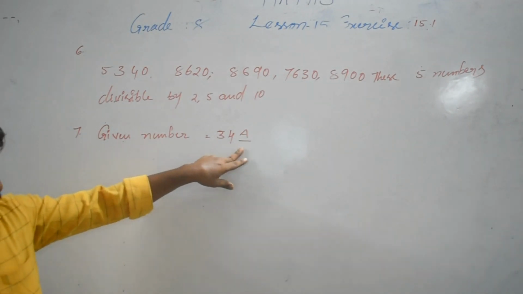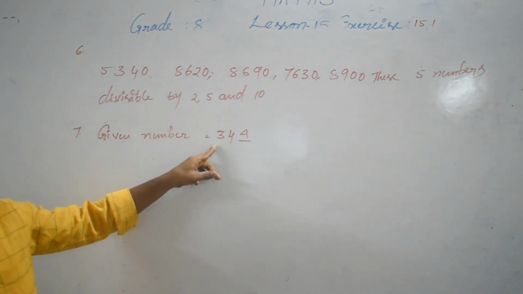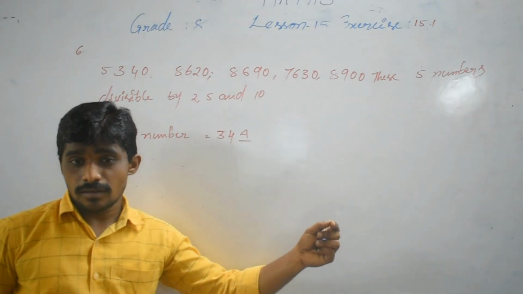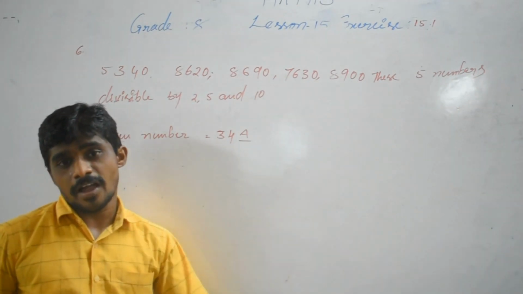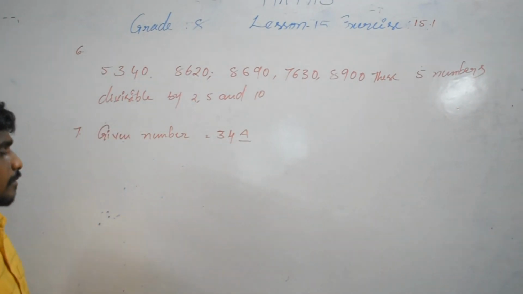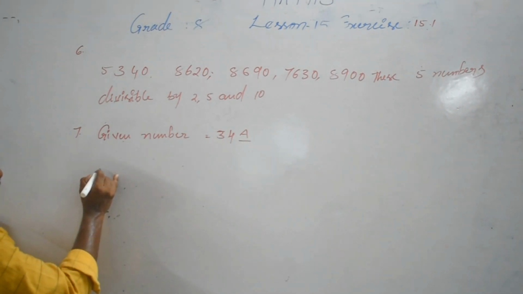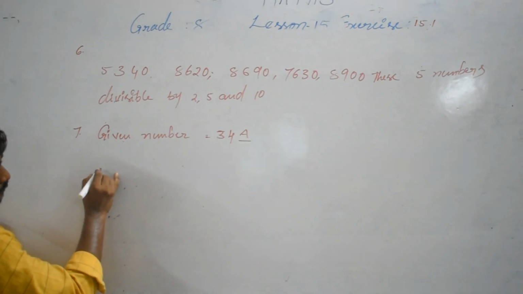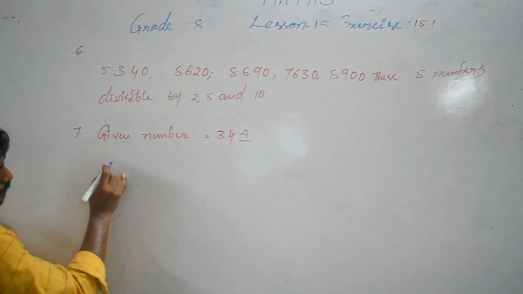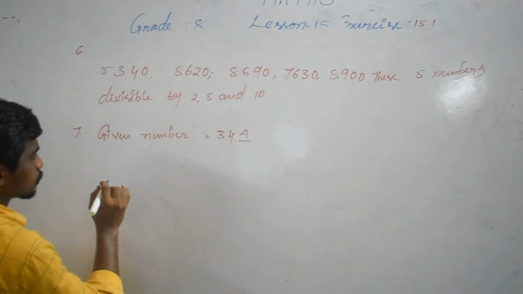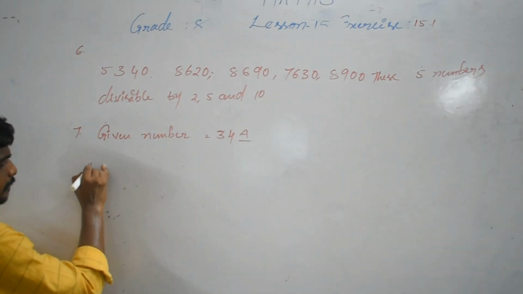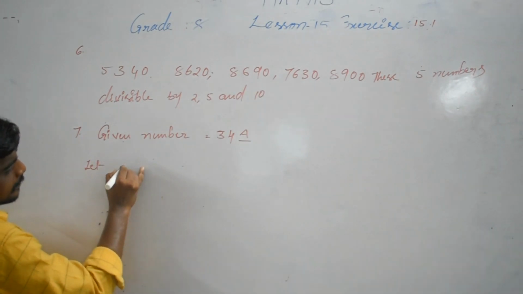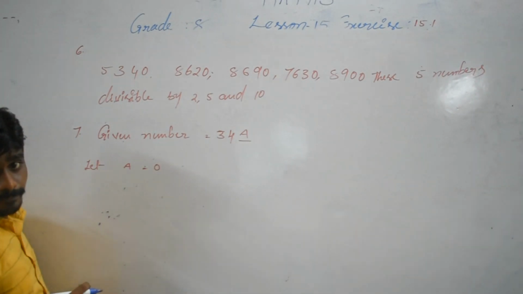It is divisible by 2 and leaves remainder 1 when divided by 5. Let a equal 0.